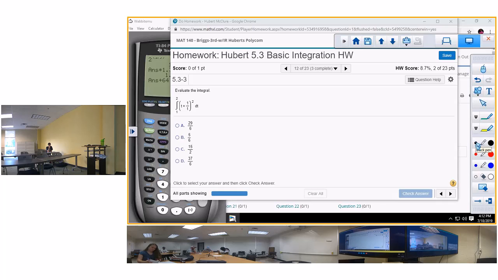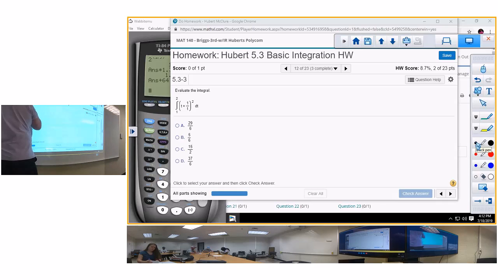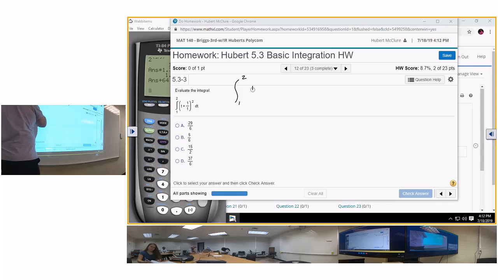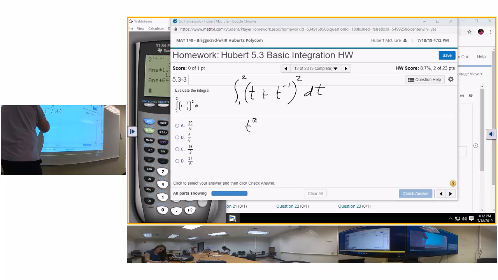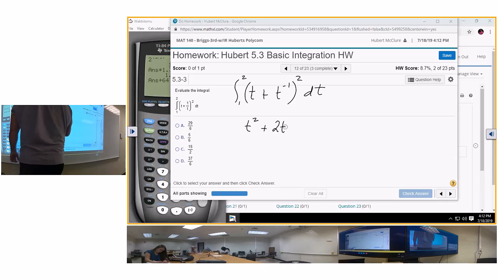All right, so the integral from 1 to 2 of t plus t to the negative 1, raised to the what? Second power, dt. So that's going to be t squared plus 2 times t to the negative 1, 2ab, plus t to the negative 1 raised to the second power.